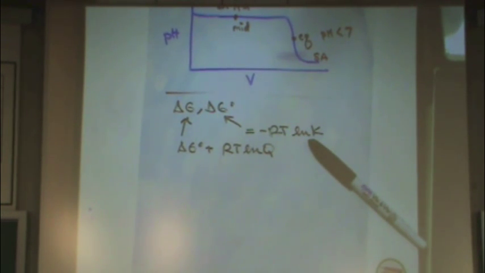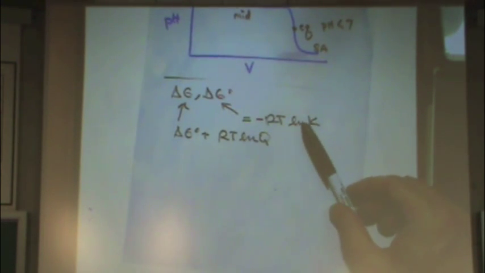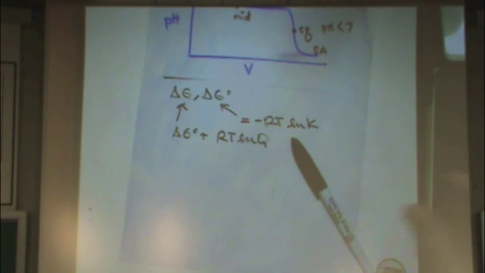Standard typically means at 25 degrees C. This is the one on the right. 25 degrees C, 1 bar, 1 molar. So that's that one. This comes from tabulated values typically. So if we give you a table, I'll probably show you an example in a minute.